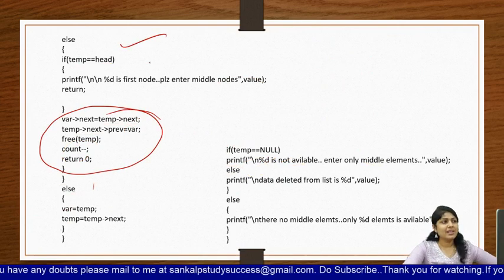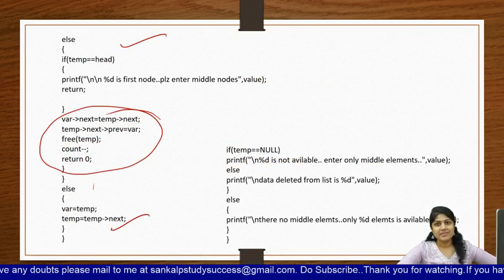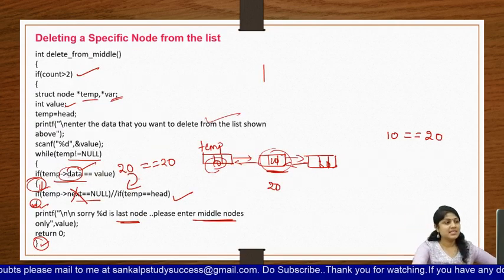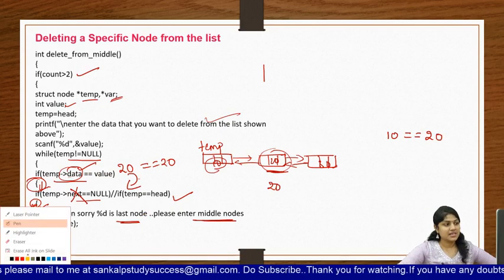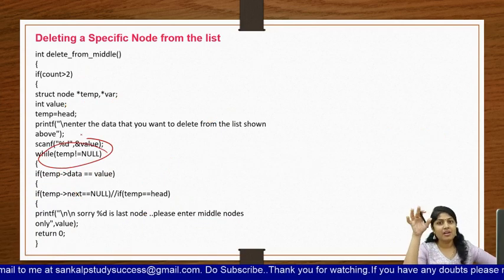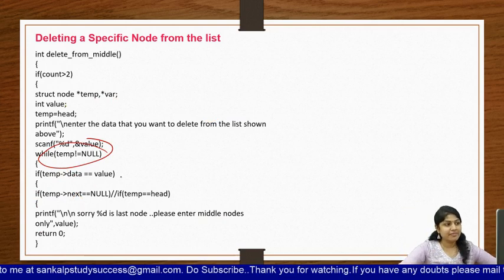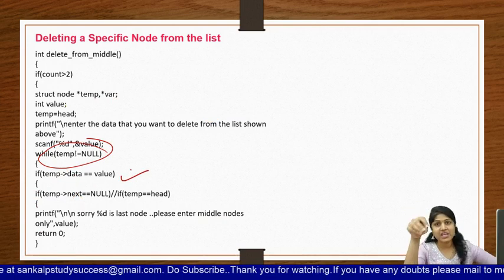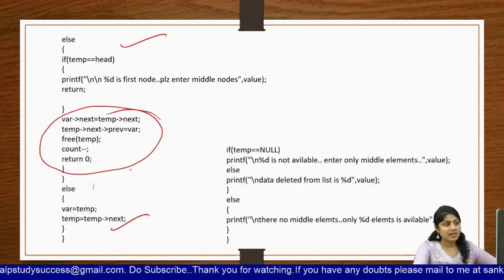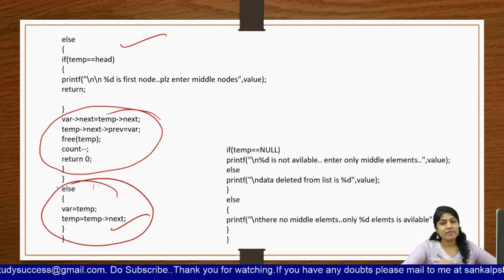Okay, these are all the conditions that we are checking, whether the first node or last node, and this while condition, especially, is checking for null or not. After that this if condition checks for the specific location. Until we find the specific location this else block will be executed.